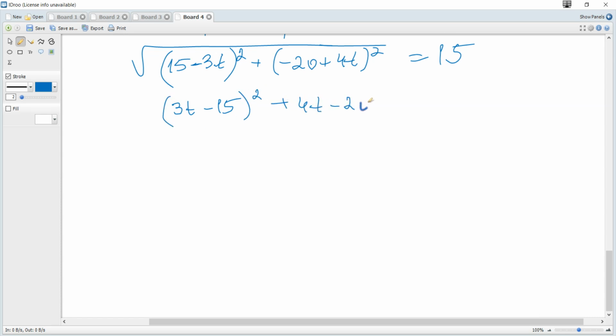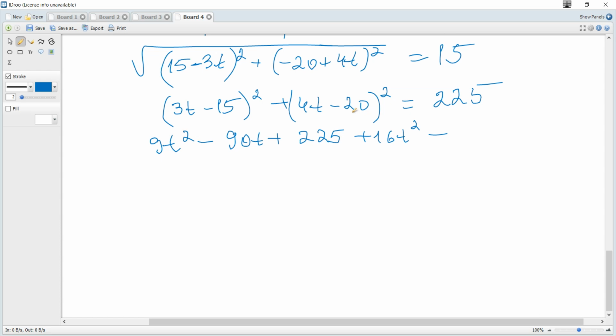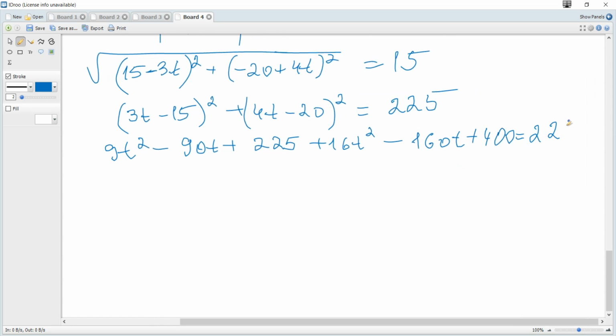So (3t minus 15) squared plus (4t minus 20) squared is 15 squared, which is 225. It becomes 9t squared minus 2 times 3 times 15, which is 90t, plus 225, plus 16t squared minus 160t plus 400, equal to 225.